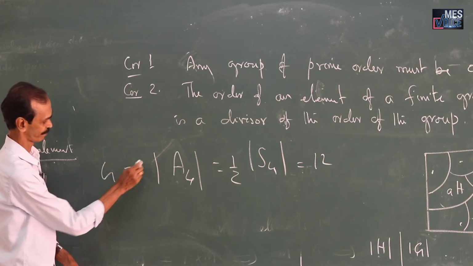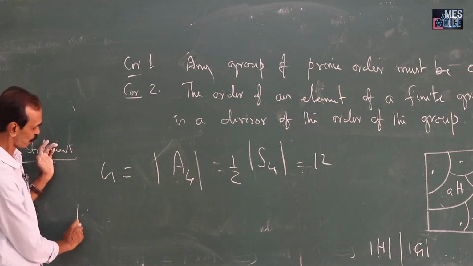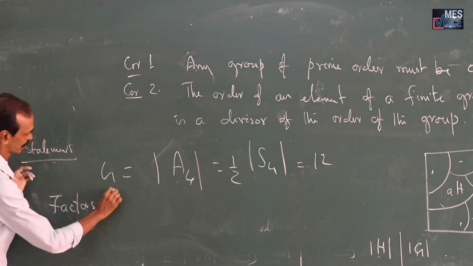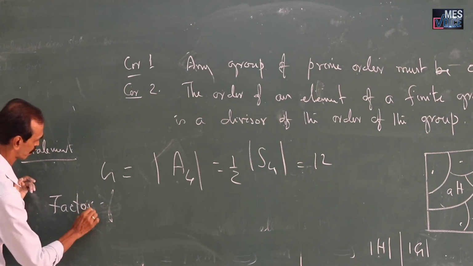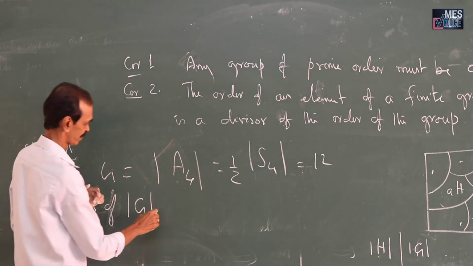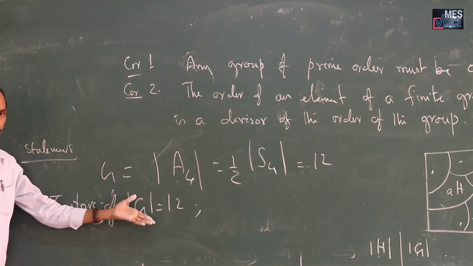Then, what are the factors of the order of G, which is equal to 12?